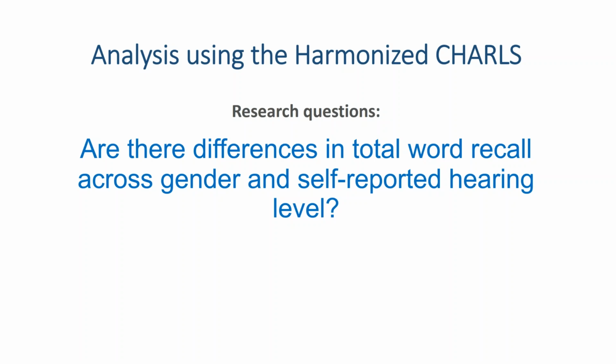We'll be looking at mean total word recall score and creating a self-rated hearing variable using original CHARLS data. Then we'll be looking at the mean total word recall scores across gender and self-reported hearing levels and perform an adjusted Wald test to compare those means.